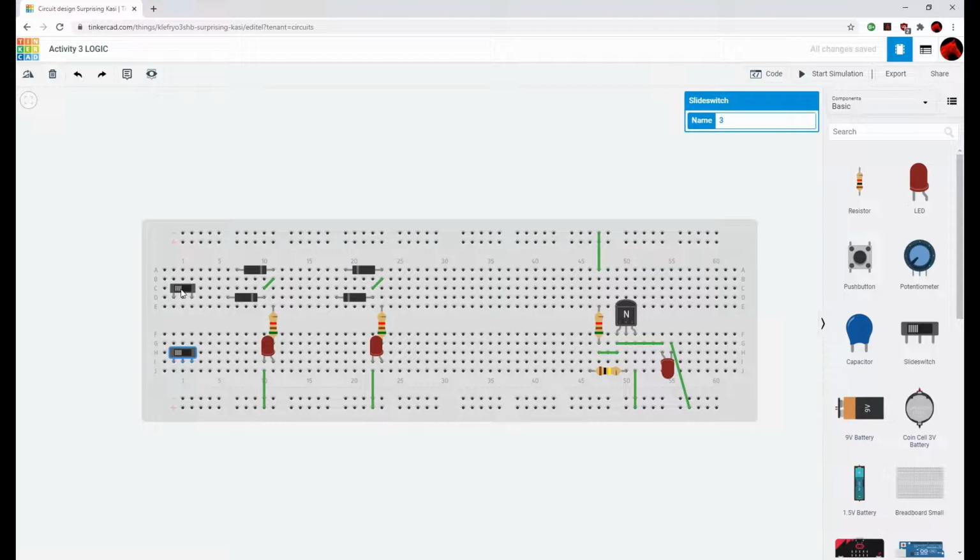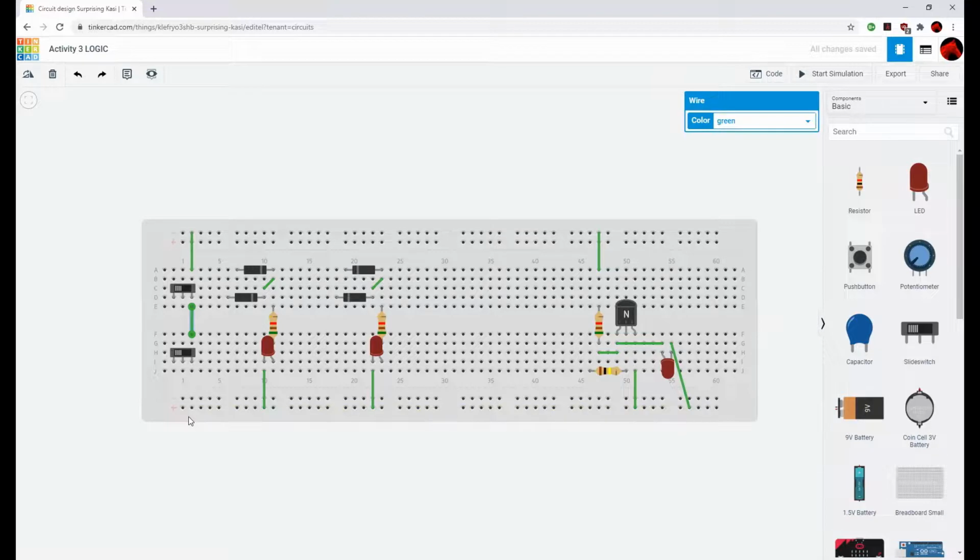So this will be input A, this will be input B. To the left will be a low connected to ground, and to the right will be a high connected to 5 volts. So here is 5 volts and 5 volts.